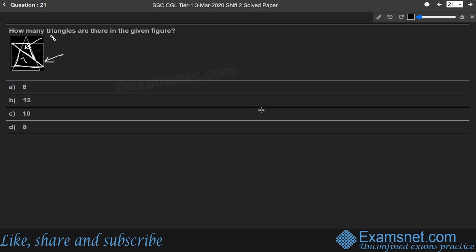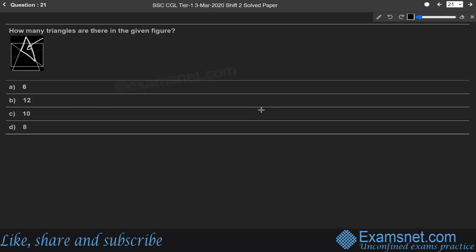Now let us look at some more possibilities. Okay, we have to look at each and every possibility. Up to now, we have 8 triangles. Another triangle will be this part. So this is the ninth triangle. And there is one more triangle in this figure, which is this portion.